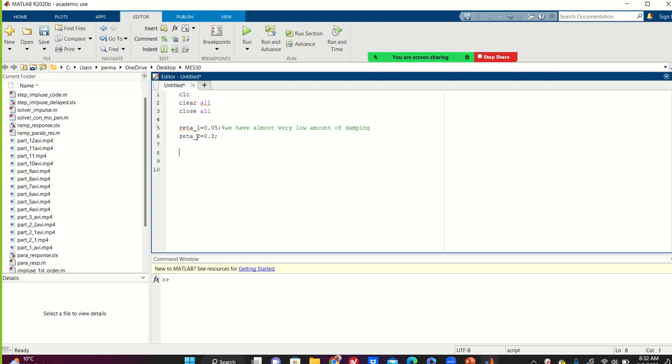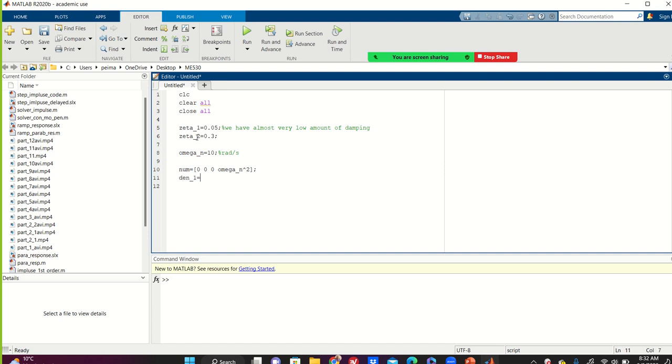Then omega n is, I don't know, 10, in radians per second. Having that, we have num equals 0, 0, 0, omega n squared. That's right, third order system.